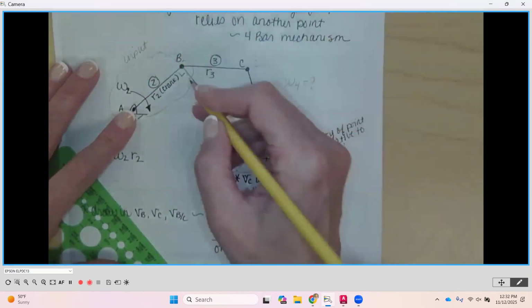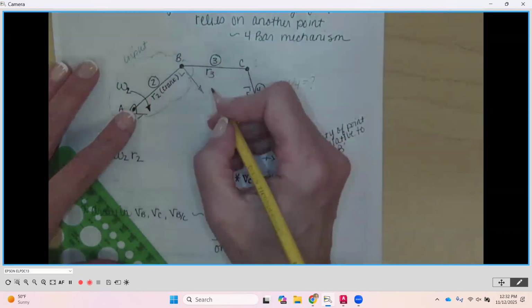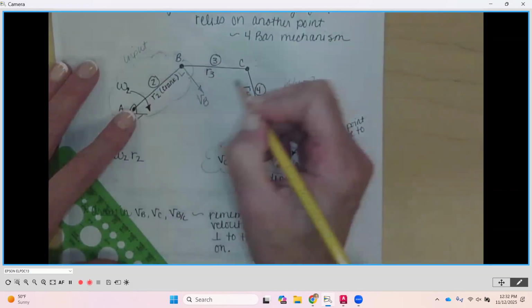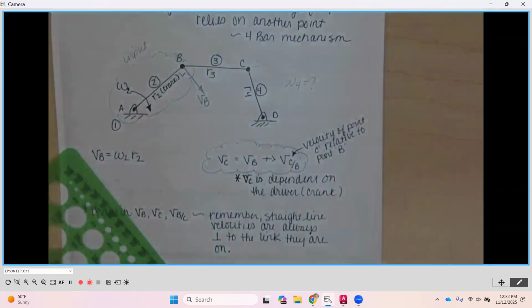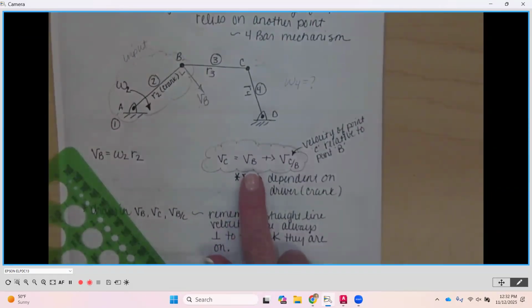So it's going to be 90 degrees, and it's going to be in the direction of rotation. So velocity B is right there, going down and to the right, correct? Okay, makes sense? So that is one of the variables in our problem here.